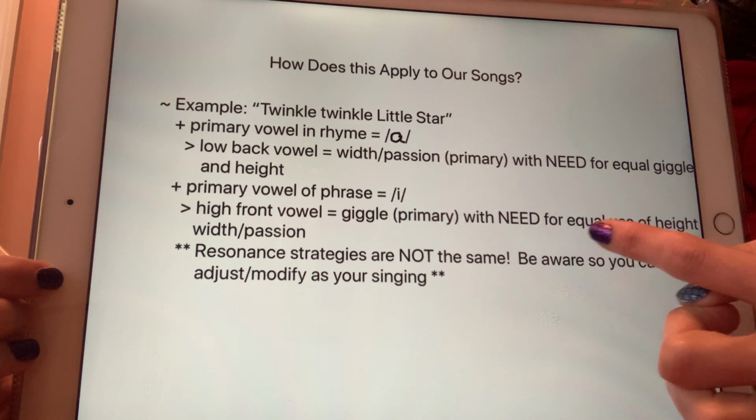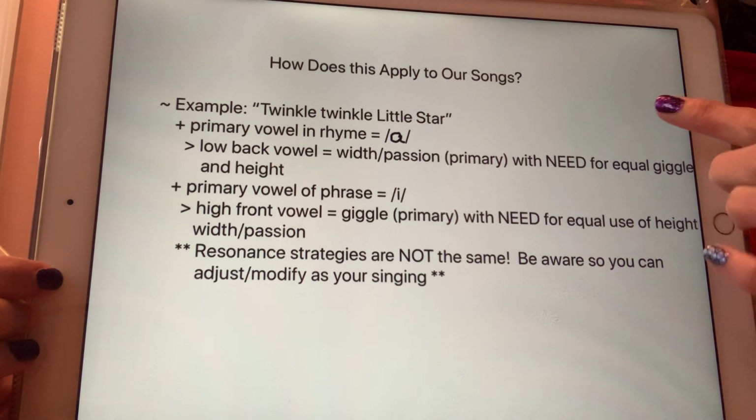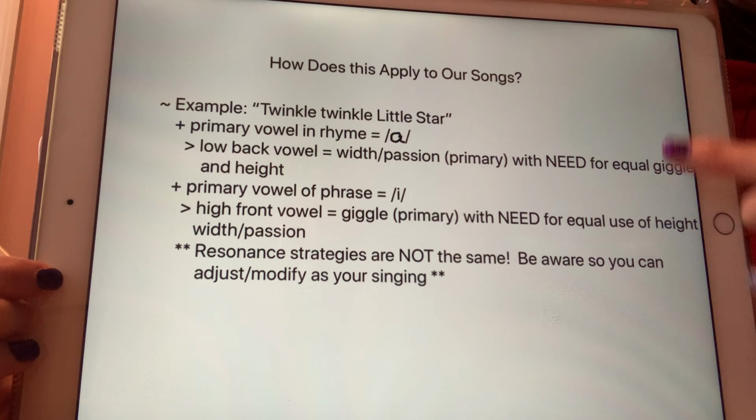So we need to use equal parts of height and passion. Well, we know that once we get to the end, we're going to fall into the passion most easily. So we want to sing with the height, in the giggle space, but with the height and the passion or width throughout the phrase. And then when we get to the star, we want to borrow that giggle that we've been using throughout the phrase.